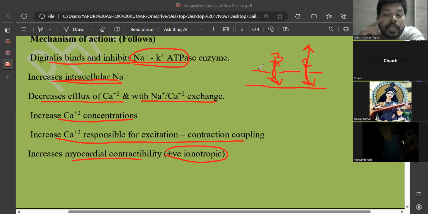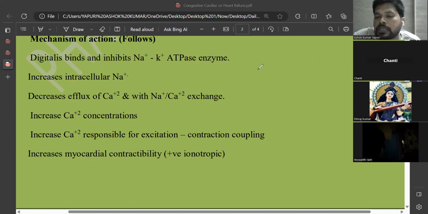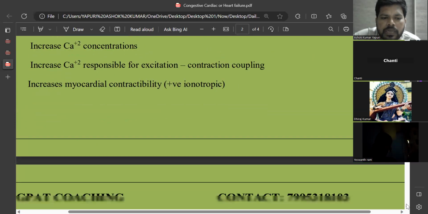So what is happening? Due to inhibition of the sodium potassium ATPase enzyme, there is increased sodium concentration within the myocardium cell. When sodium concentration increases, calcium concentration also increases indirectly. That calcium is responsible for contraction of the myocardium, which is positive inotropic, increasing contractions in the heart.